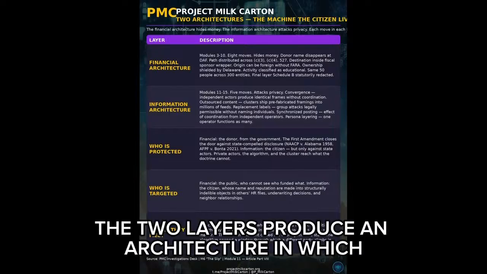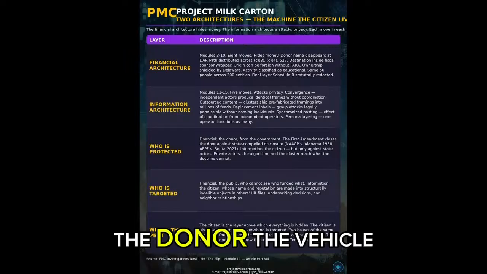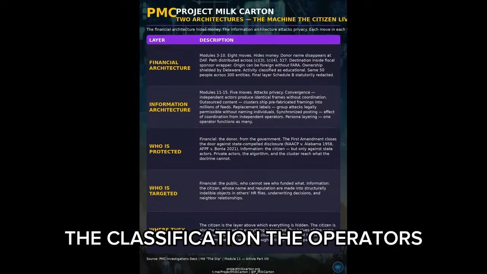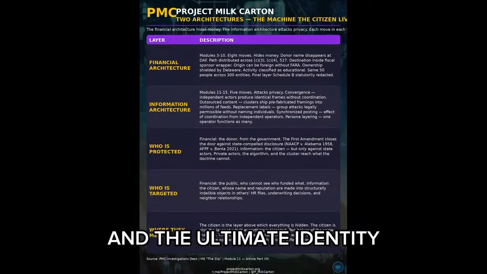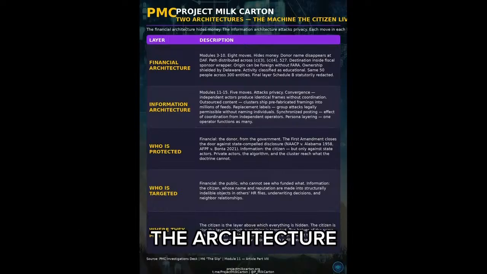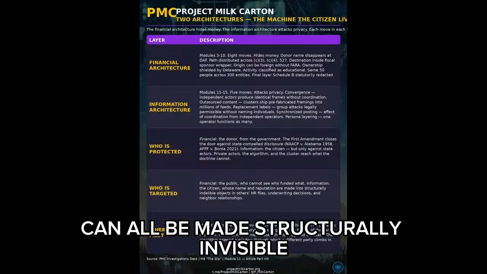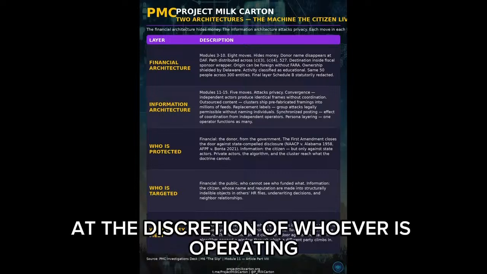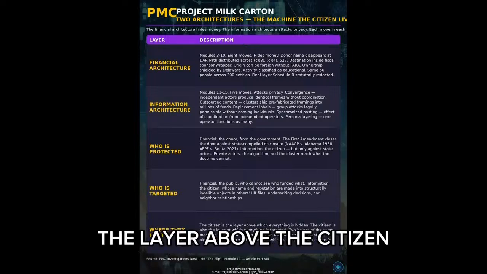In combination, the two layers produce an architecture in which the donor, the vehicle, the destination, the mechanism, the classification, the operators, and the ultimate identity and reputation of any person inside the architecture can all be made structurally invisible or structurally indelible at the discretion of whoever is operating the layer above the citizen.